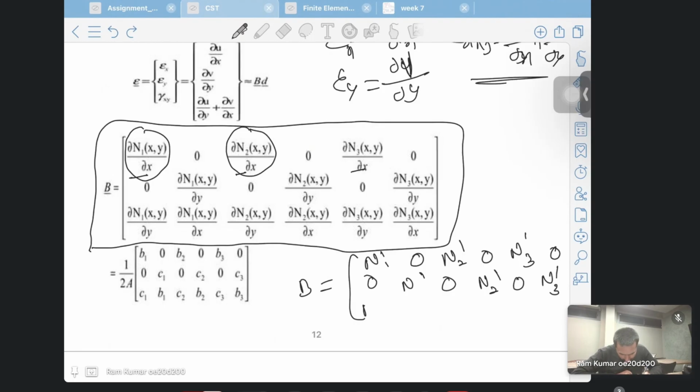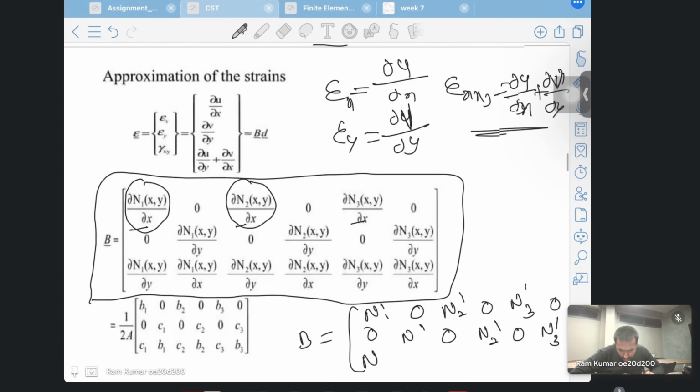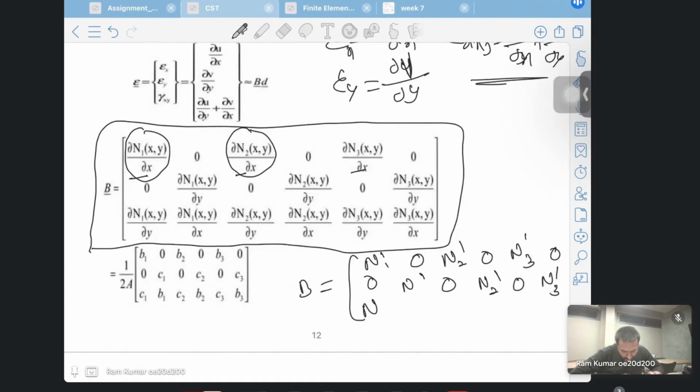But here, derivative with respect to x and with respect to y, how will we understand by writing this way? How will we remember? Then we have to remember this expression.